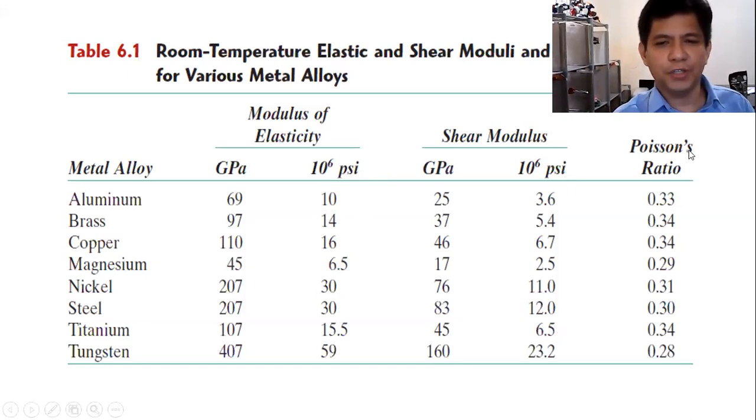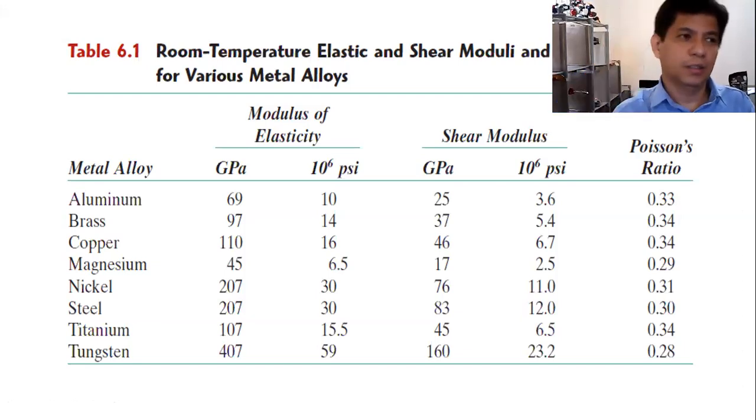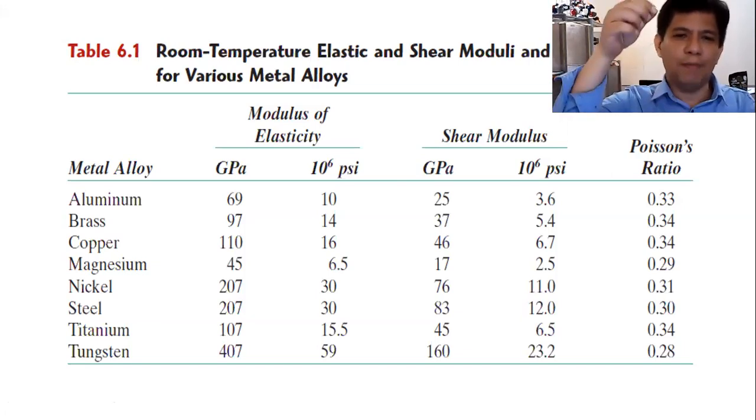Tapos yung Poisson's ratio naman, kung natatandaan nyo pa. Pag nag-apply kayo ng tensional force, humahaba yung material. Nagkakaroon siya ng elongation, ang tawag natin doon, engineering strain. Pag humaba siya, yung diameter naman niya lumiliit.